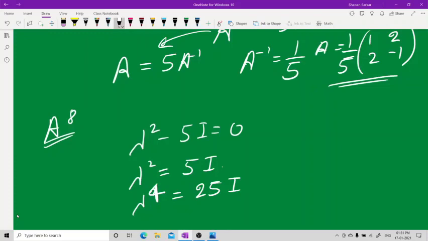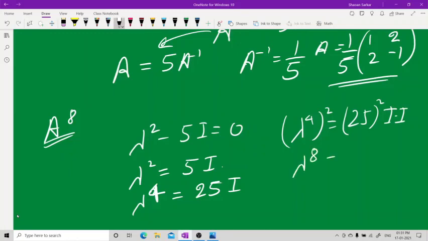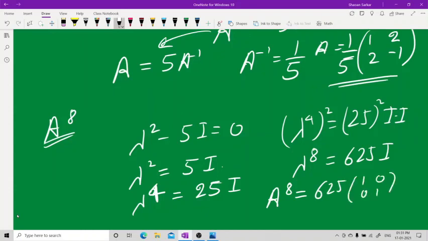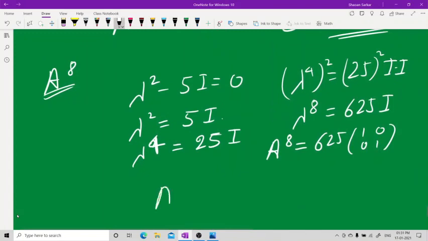A to the power of 4 whole square is equal to 25 whole square into identity, which will give identity only. This will become A to the power of 8 is equal to 625 identity. So A to the power of 8 will be 625 times 1, 0, 0, 1, giving 625, 0, 0, 625.